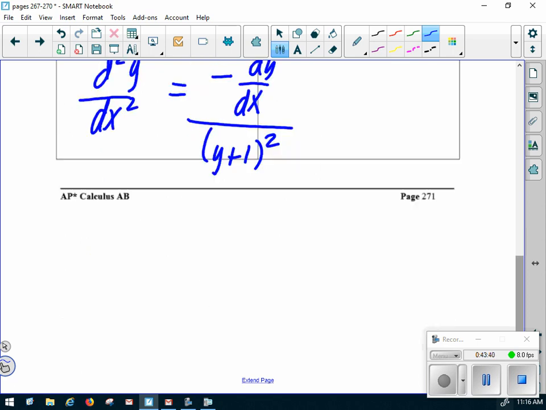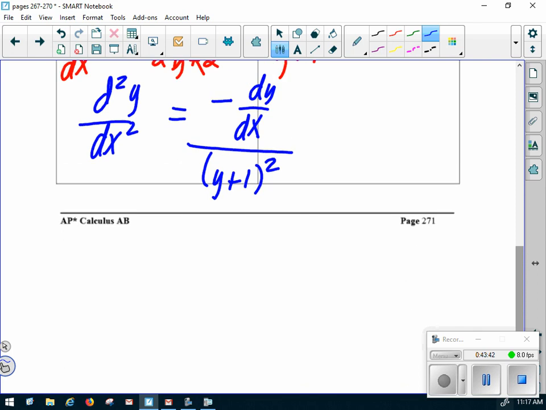Now what you're going to do, you're not going to leave it like that, because you know what dy dx is. So you have to substitute that in. Now dy dx was 1 over y plus 1, right?